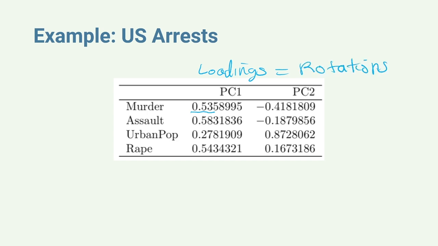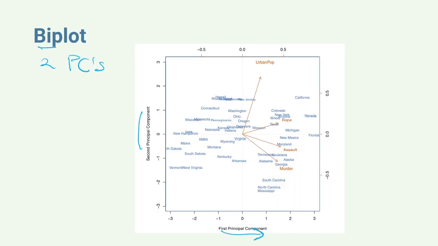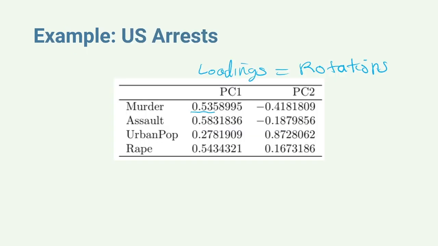They're called rotations because if you look at the biplot, it's rotating the point and rotating the vector. So look at this example for murder. As you increase the principal component, the murder rate also tends to increase, and this is a positive loading. Consider instead the murder rate for PC2.